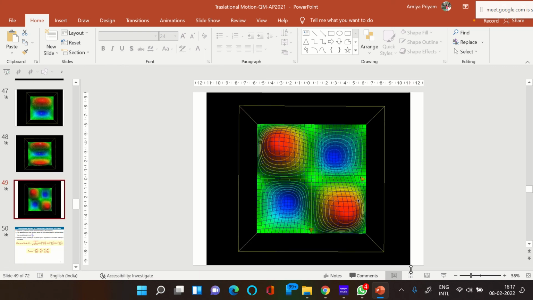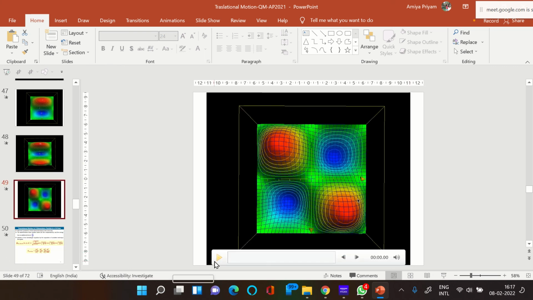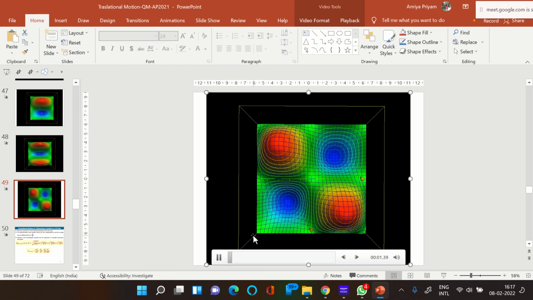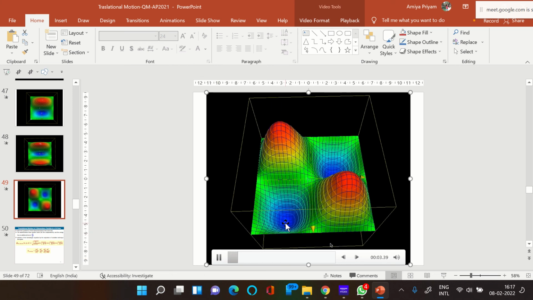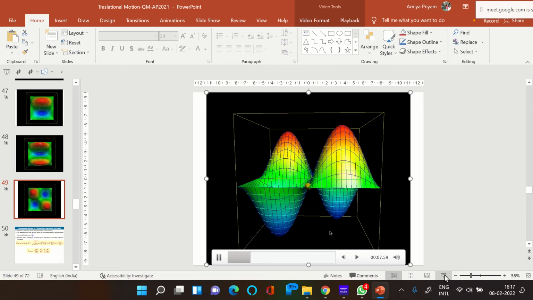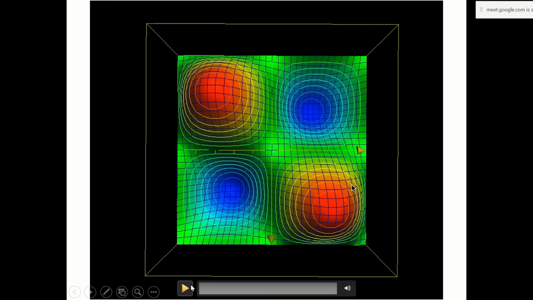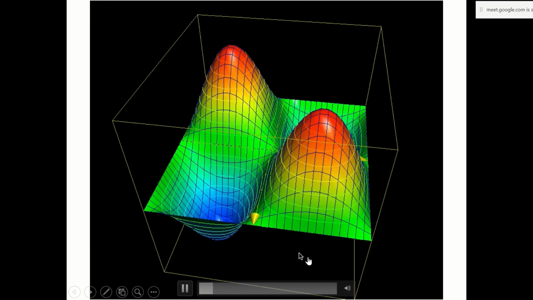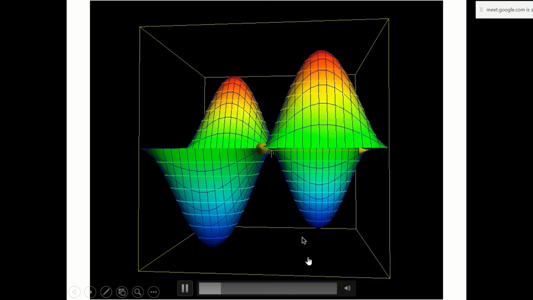This last one you see, this one is two nodes along both the directions. This is when n1 is 2, n2 is 2.